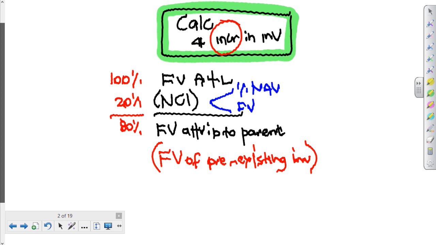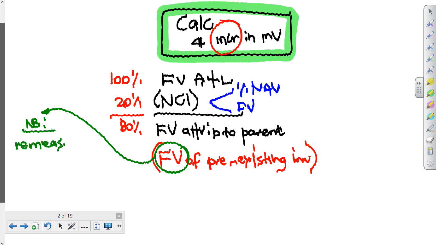What this necessarily means is that because I take off the fair value, there'll be a remeasurement, isn't it? There will be a remeasurement of that fair value of the investment.